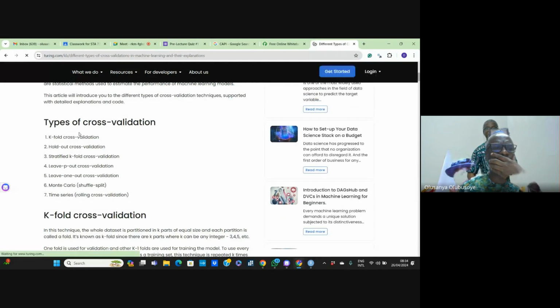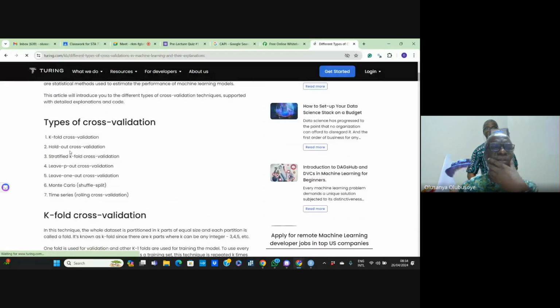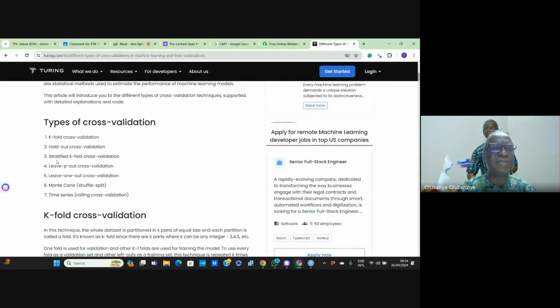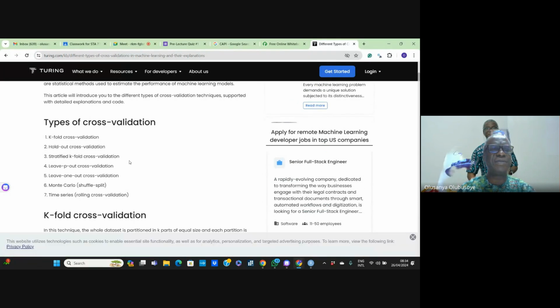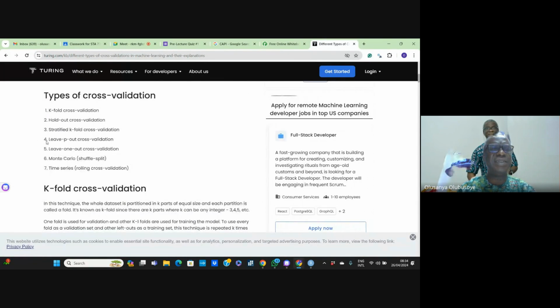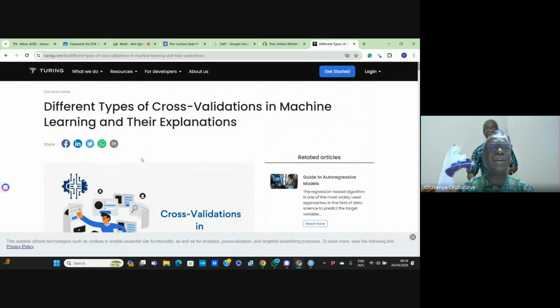Yeah, so these are the major ones: holdout cross-validation, stratified K-fold cross-validation, leave-P-out cross-validation, leave-one-out cross-validation, Monte Carlo shuffle split, time series rolling cross-validation. Try to look at this.